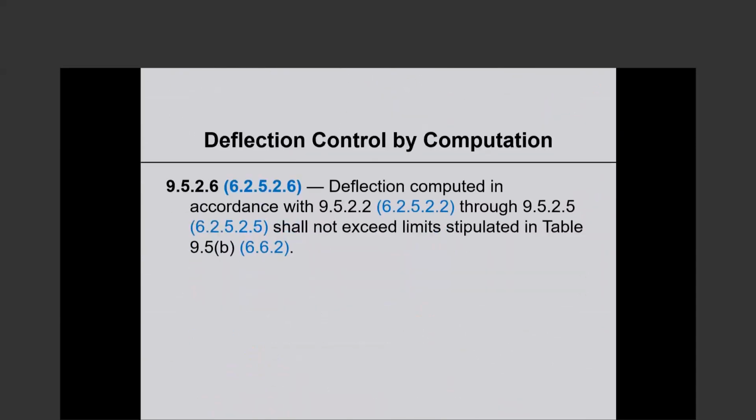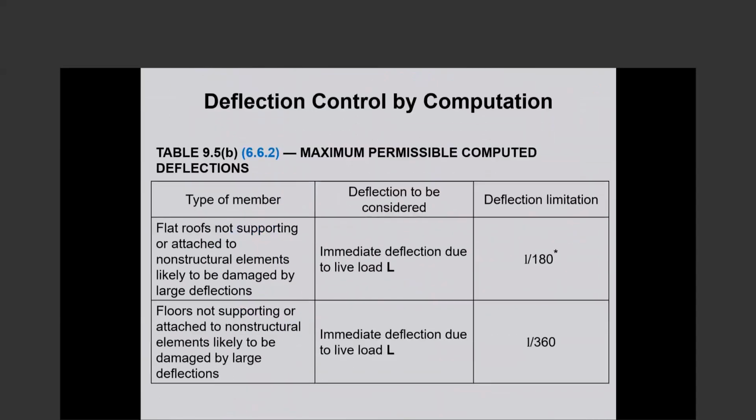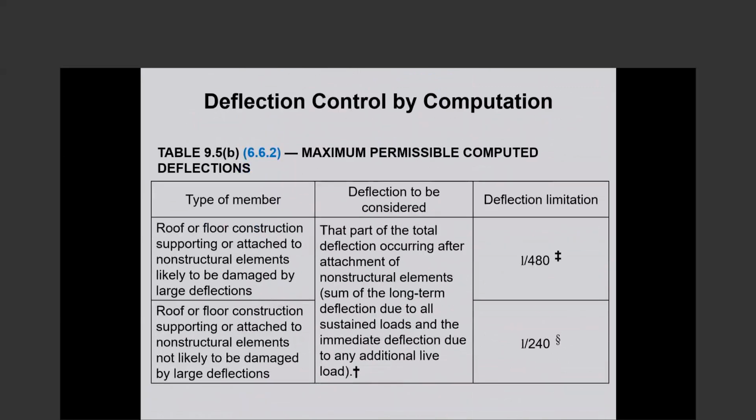As I said, most of the questions you have already answered, Dr. Ghosh, but obviously in the presentation that part didn't register. So these are the limits, and the limits apply to that part of the total deflection occurring after attachment of non-structural components, which would be the sum of the long-term deflection due to all sustained loads and the immediate deflection due to any additional live load.